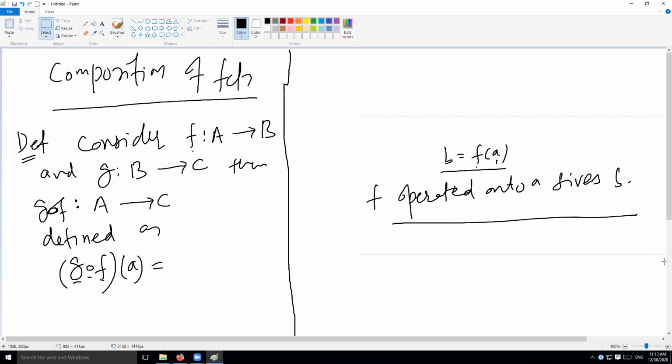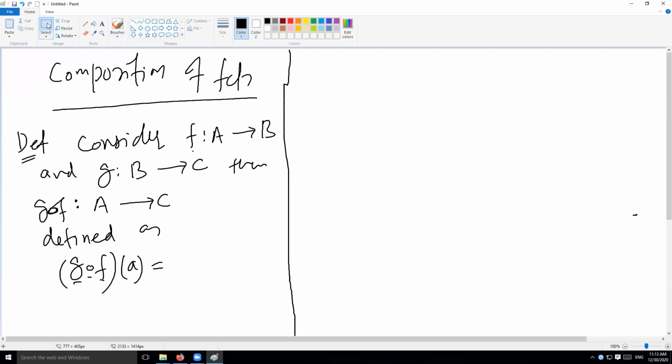So this is also important, that we must learn how to correctly read mathematics. All right. So I can say that g composition f operated onto a, where a is some point here, is equal to g of f of a: operate f onto a first.